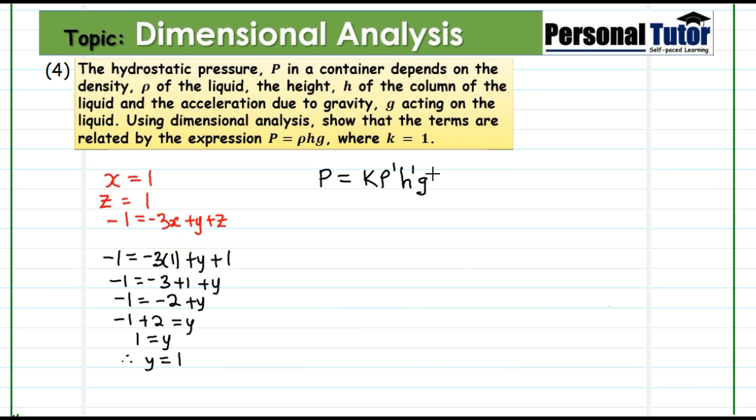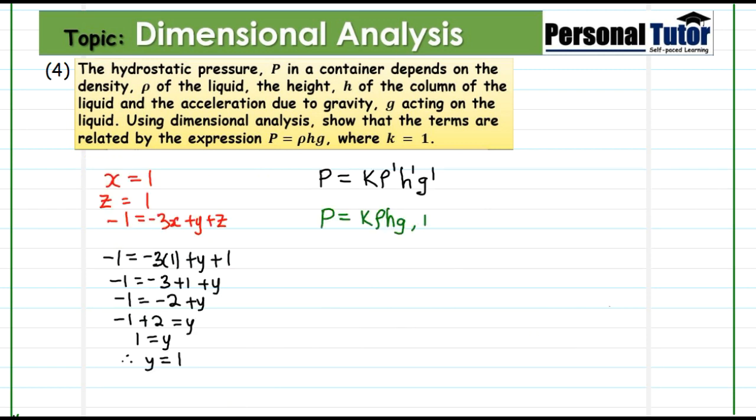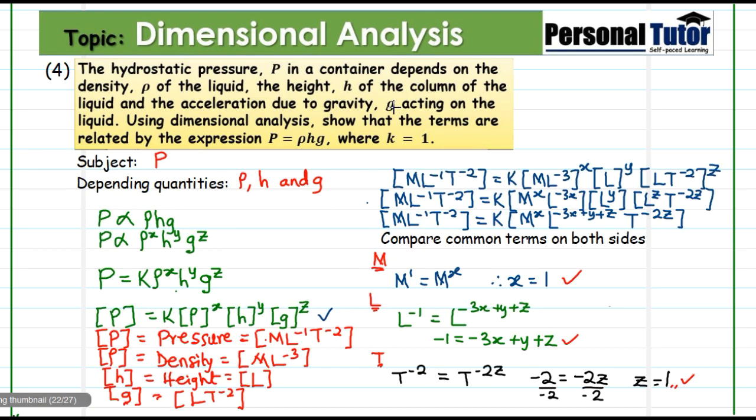That will mean we can confidently say that the pressure is equal to K rho H G. However, you are told that K is equal to 1. When that is taken into account, the pressure is expressed as rho H G. And hence, we have proven the equation we were asked to show.